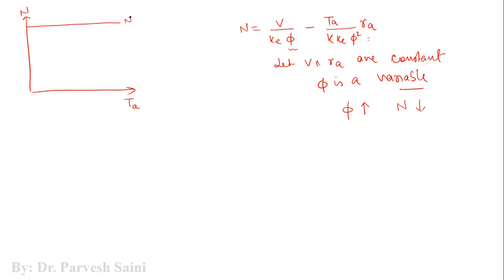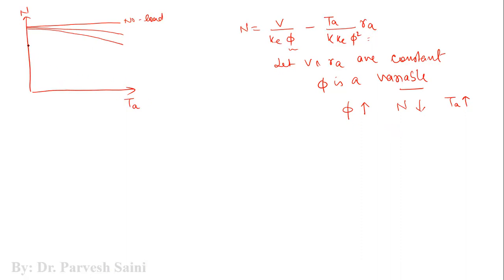So this is the no load, then there would be some drops like this, right? So if flux increases, the speed will definitely decrease with increased torque, right? So Ta will increase in this case, right?